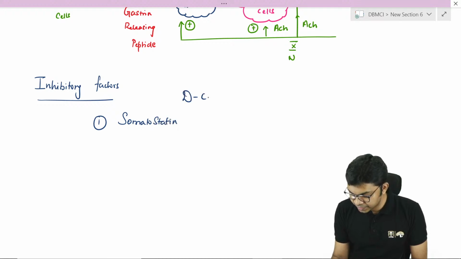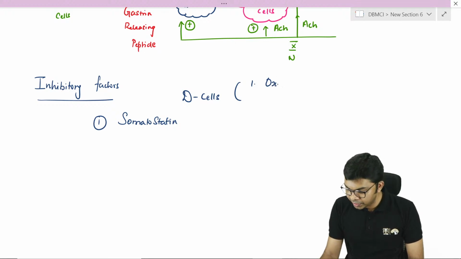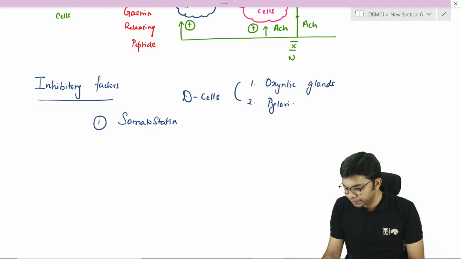D cells. These D cells are located in multiple regions. Number one, we are going to see D cells in oxyntic glands itself. D cells are seen in pyloric glands. D cells are seen in the duodenum.